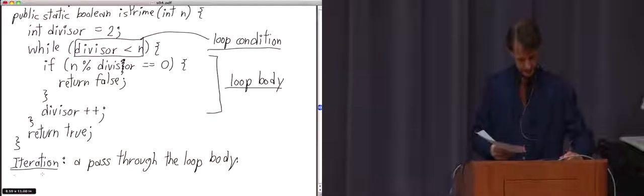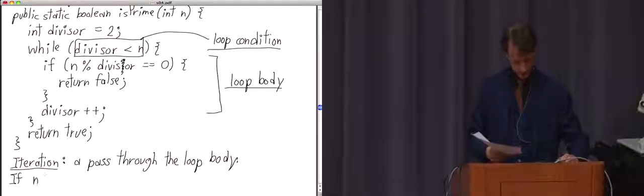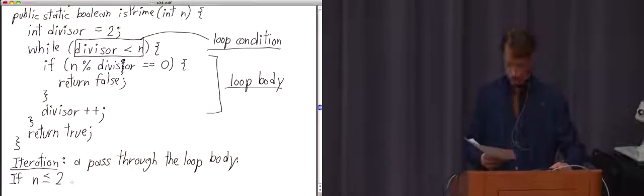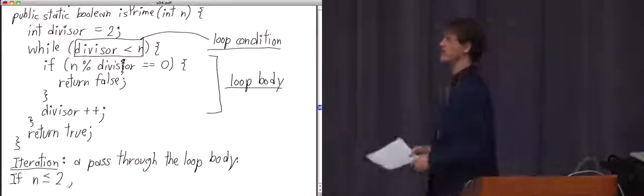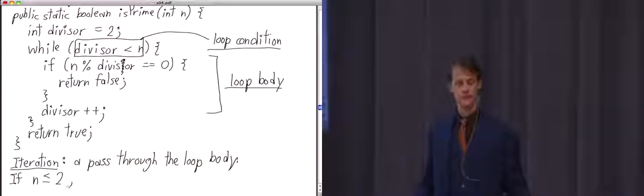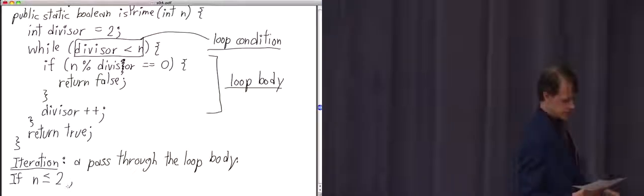And again, if the value we start with is 2 or less, then that means the while statement is going to be false the first time we test it. And so the loop body won't iterate even once.